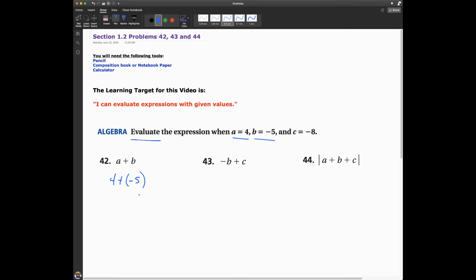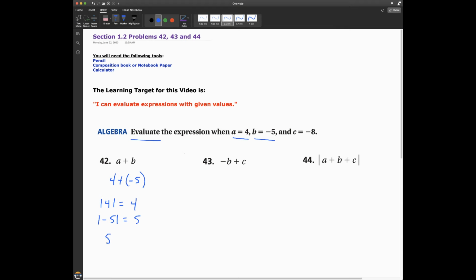And what is 4 plus -5? Same sign, add and keep. Different sign, subtract. Keep the, what do we keep? Keep the sign of the bigger number, then you'll be exact. All right, so the absolute value of 4 is 4. The absolute value of -5 is 5.